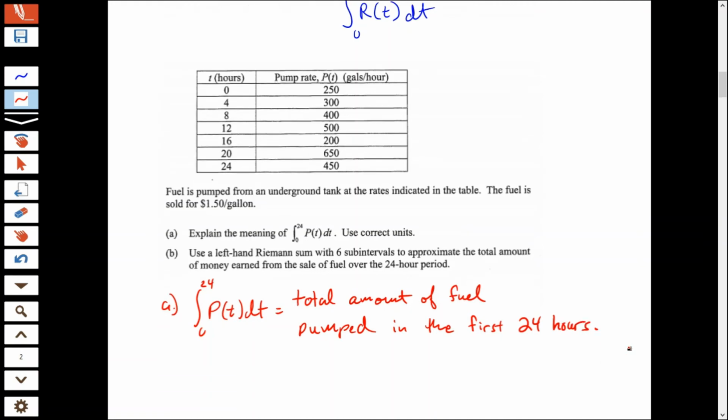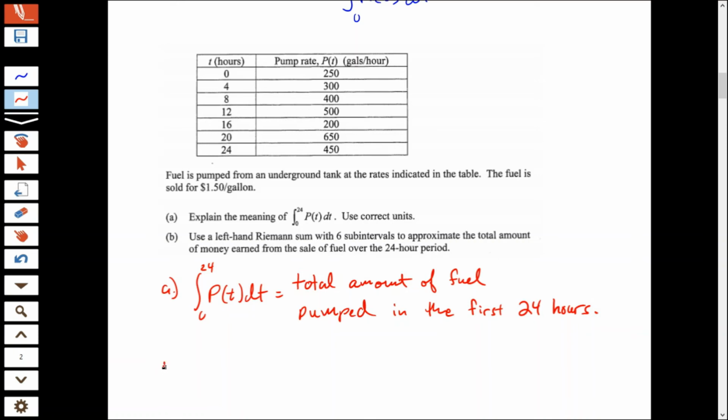Okay? Now, if we wanted to calculate this integral using a table, it asks us to use a left-hand Riemann sum and 6 subintervals. That's 1, 2, 3, 4, 5, 6. It looks like each one of these subintervals has an equal length of 4. So this integral from 0 to 24 of p of t dt is going to be 4 times. Now for each interval, it wants to use the left-hand values.